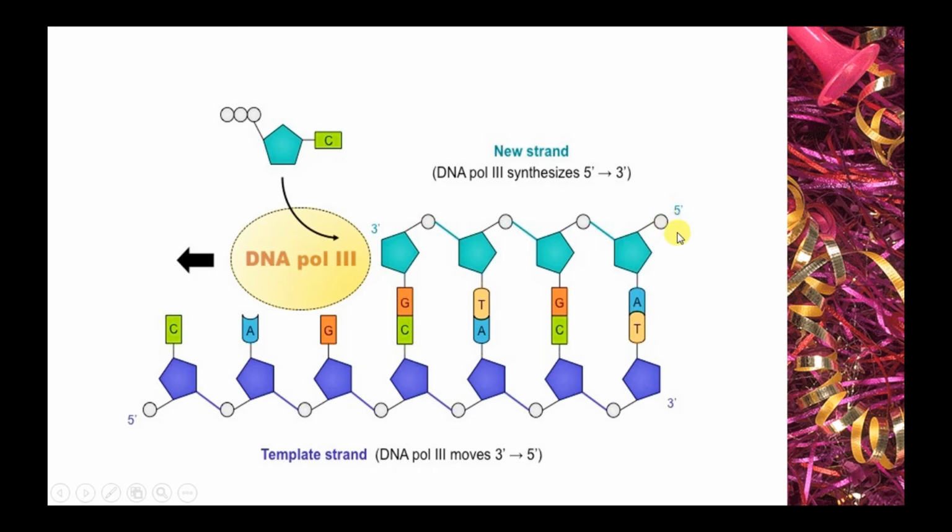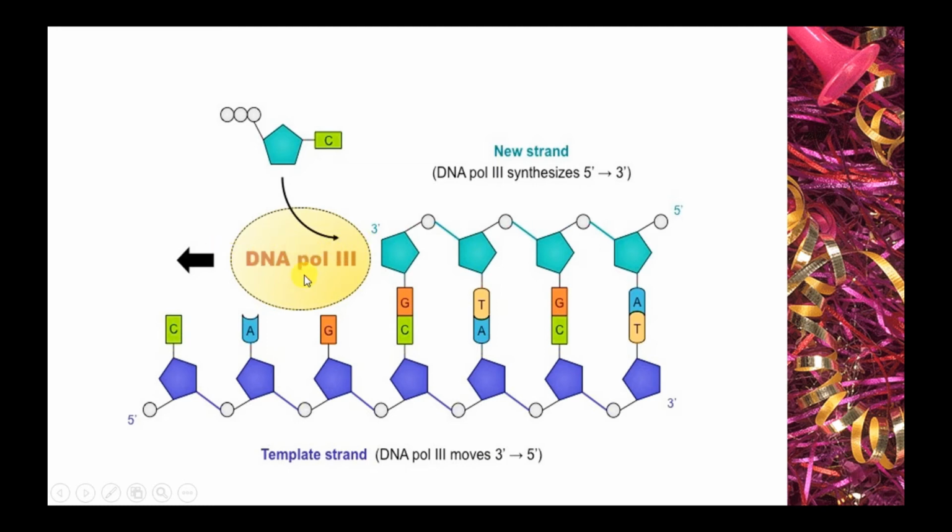Now here you can see the 3' end. Why is it the 3' end? Because here the hydroxyl group is free, and our new nucleotide will come and connect its phosphate group to this hydroxyl group. So a new chain will be formed.